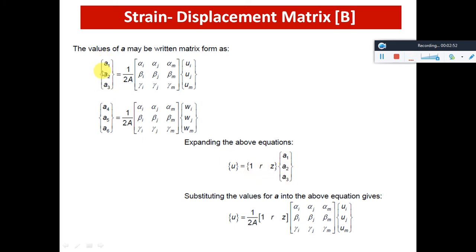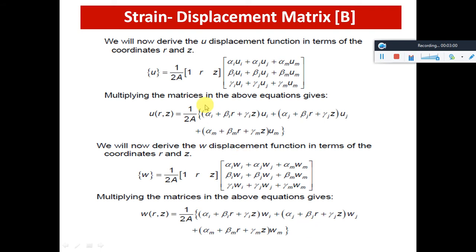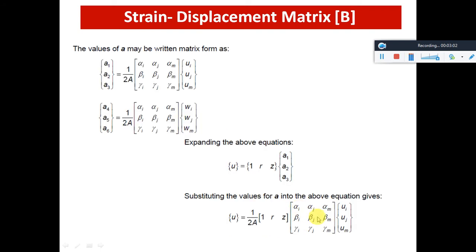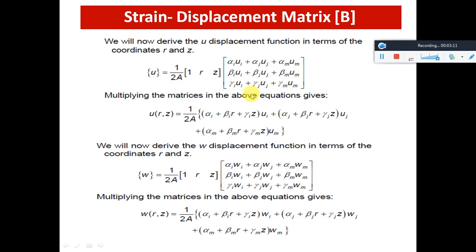Now the values for a1, a2, a3 that you have found, you are going to substitute here, and the 1 by 2A I am taking out. When you multiply these two, alpha i ui plus alpha j uj plus alpha m um, similarly this one. So finally what I am getting is like this. And after that again you multiply this 1 r z with these two matrices, so that you will get this one.